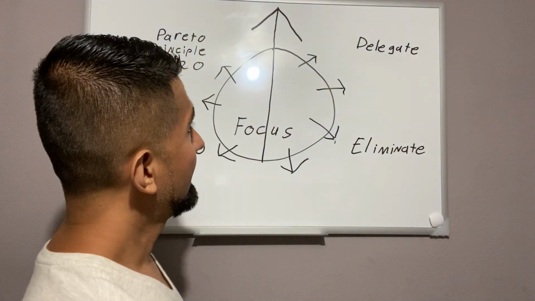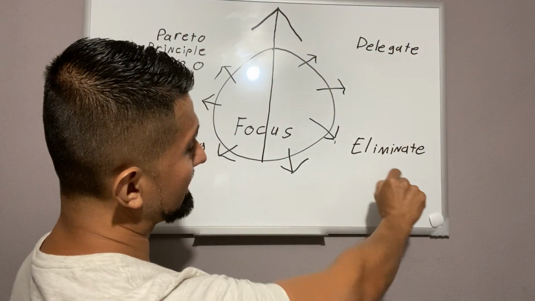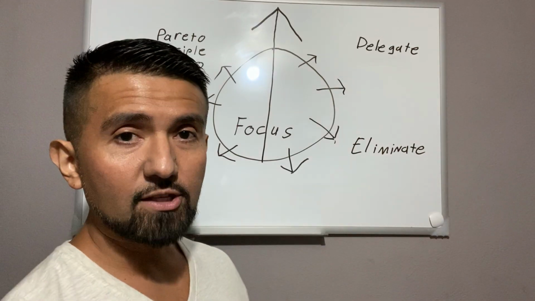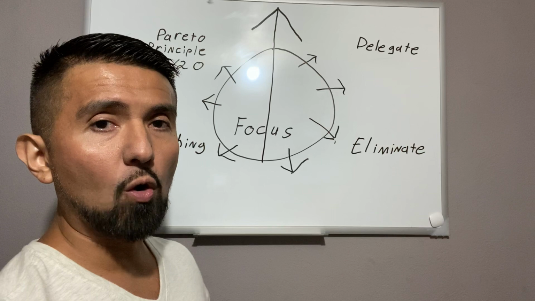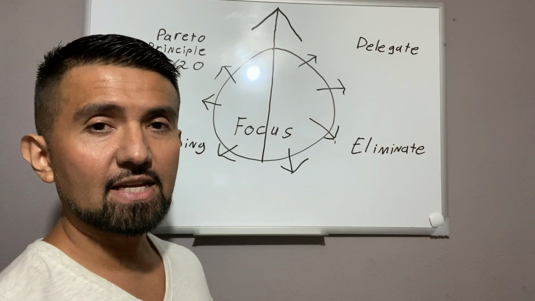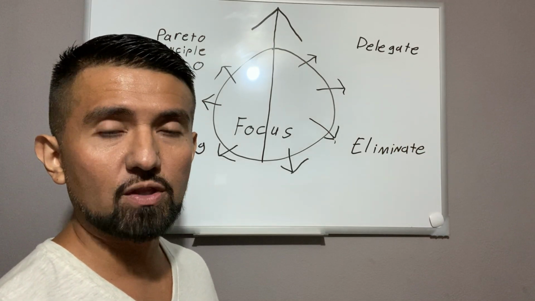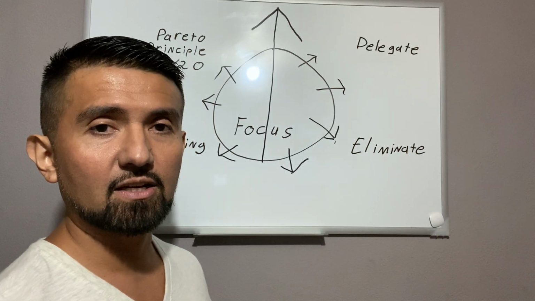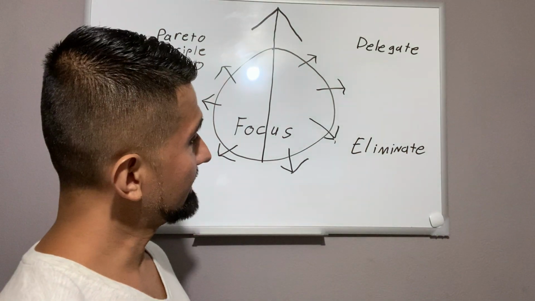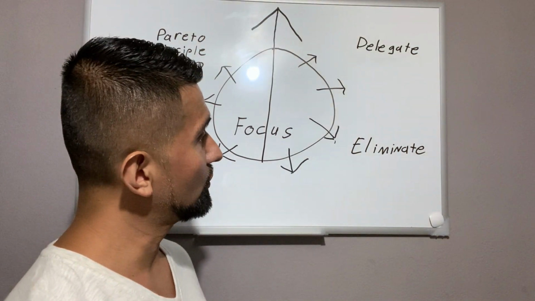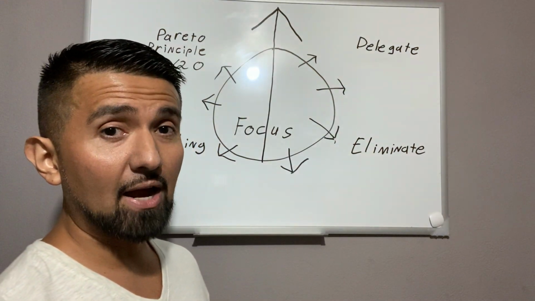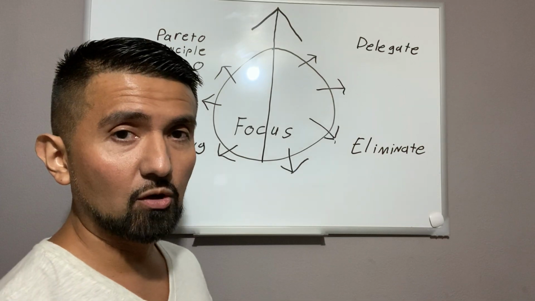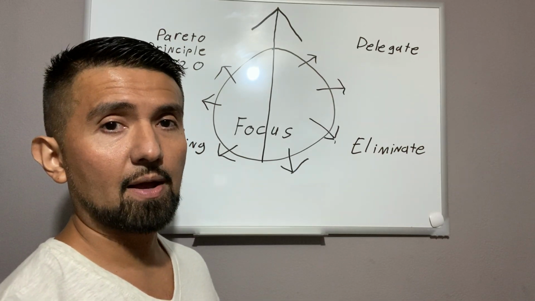And then ultimately, you want to begin to look at what you can eliminate. Is it a task or a practice that is really necessary to the ultimate lifestyle that you want to build? Because we're accustomed to doing everything ourselves, but empires were not built by themselves.